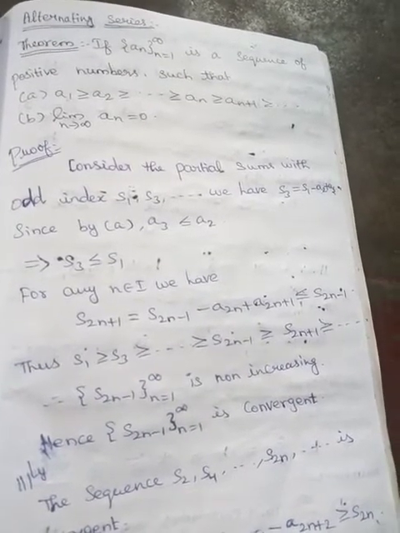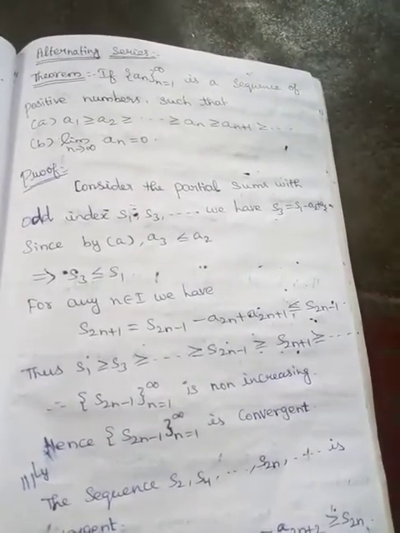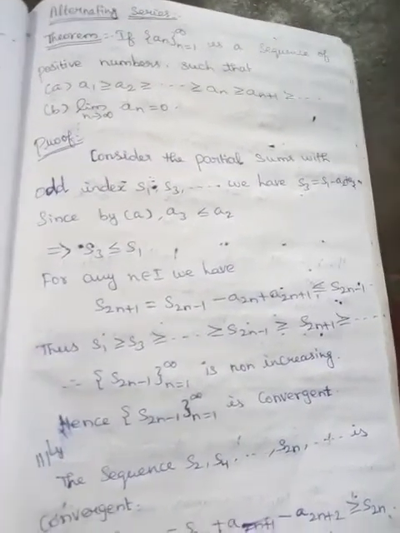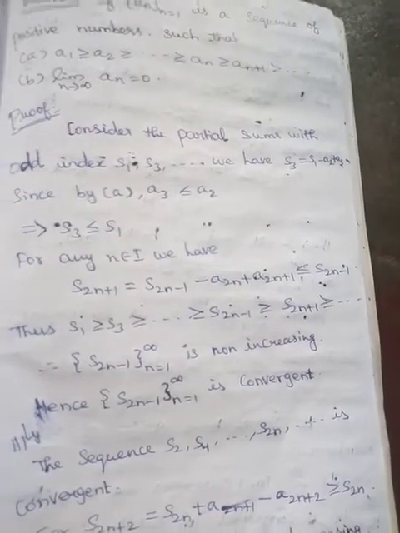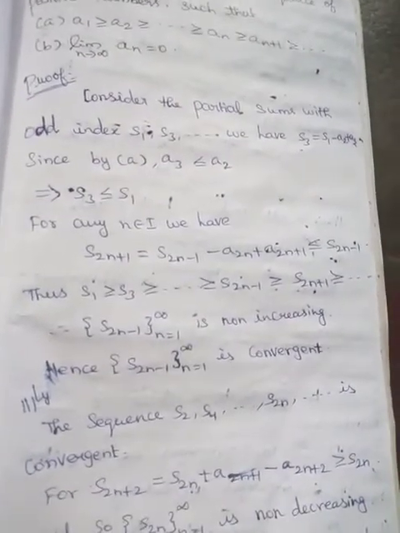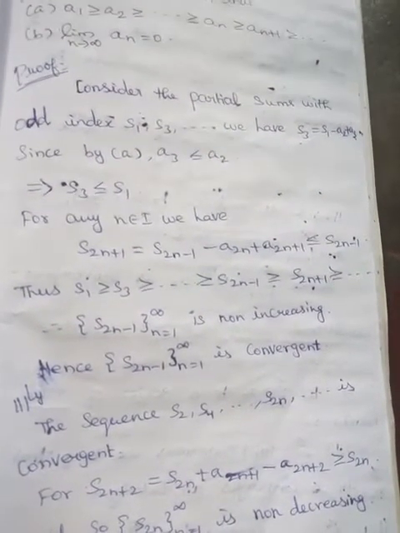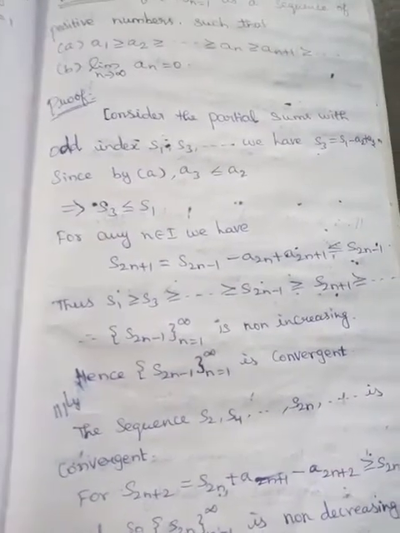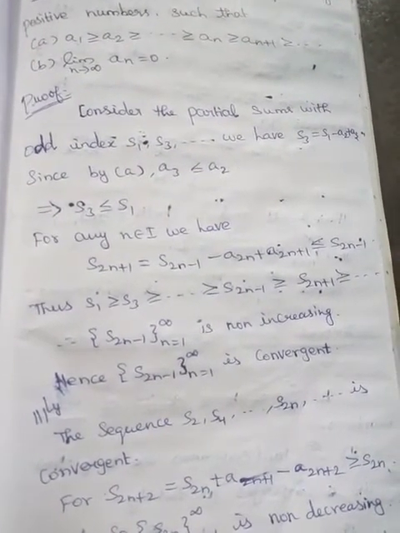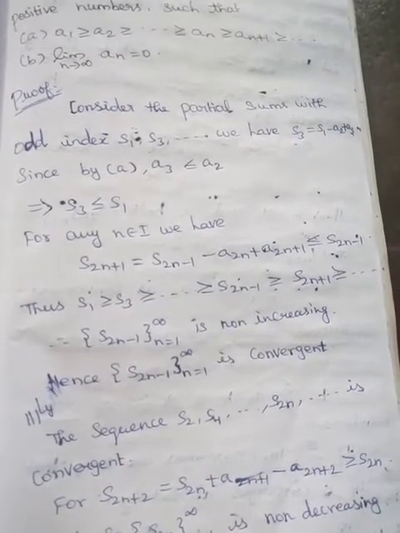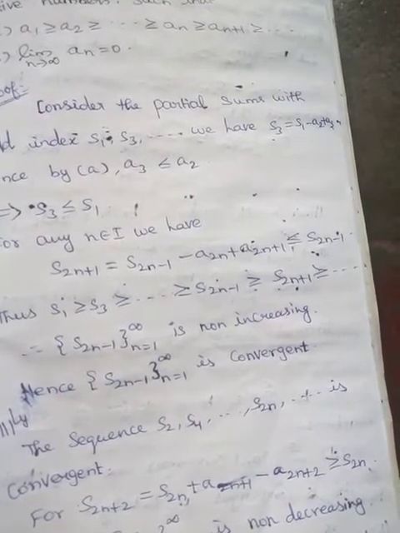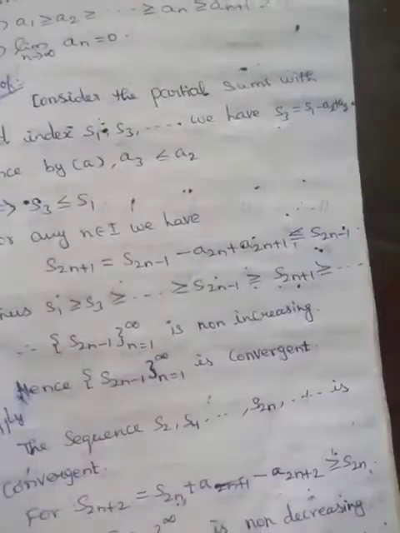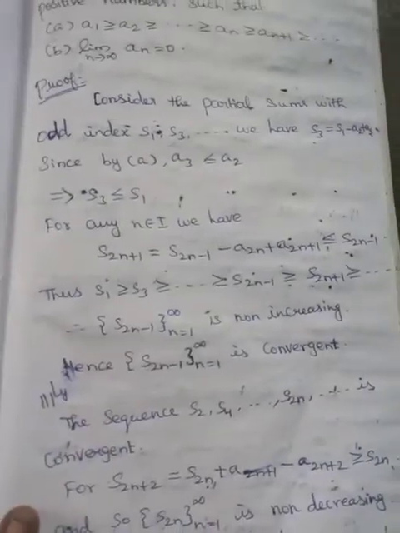Proof. Consider the partial sums with odd index: s1, s3, etc. We have s3 equal to s1 minus a2 plus a3. Since by (a) a3 is less than or equal to a2, this implies s3 is less than or equal to s1. For any n belonging to N, we have s2n+1 equal to s2n-1 minus a2n plus a2n+1, which is less than or equal to s2n-1.